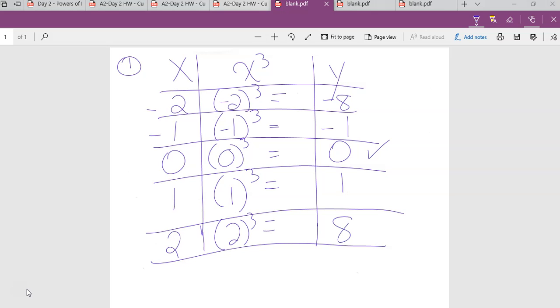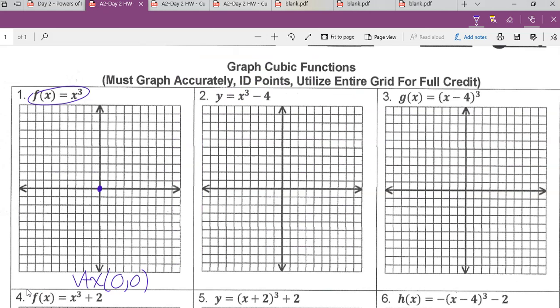So here are my points. I'm going to take these points and graph them back on my grid over here. My first point is at -2, -8, 1, 2, 3, 4, 5, 6, 7, 8. The next point is at -1, -1. After that, it's at 0, 0, like I predicted my vertex should be.